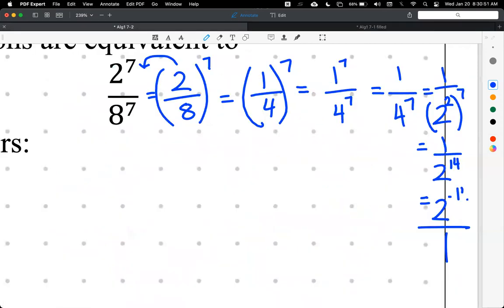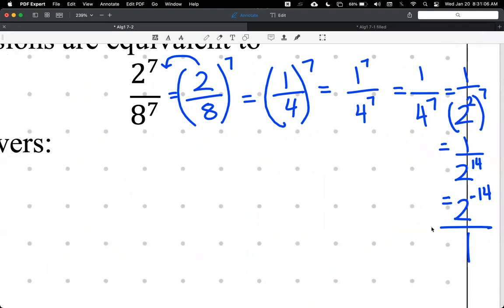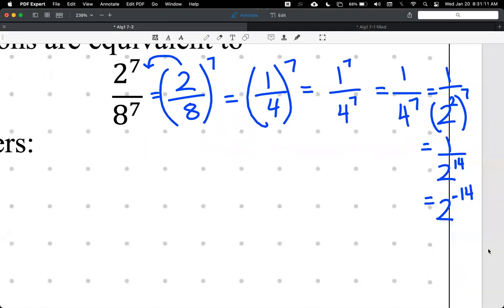There it is. Whenever you take the reciprocal, just make the exponent negative, or multiply it by -1. If it was positive, make it negative. If it was negative, make it positive. Every single time that you take the reciprocal, just multiply the exponent by -1. So really what I'm saying is our final answer here could have just been 2 to the -14. These two are equivalent. Those are kind of our two forms that we're looking for.